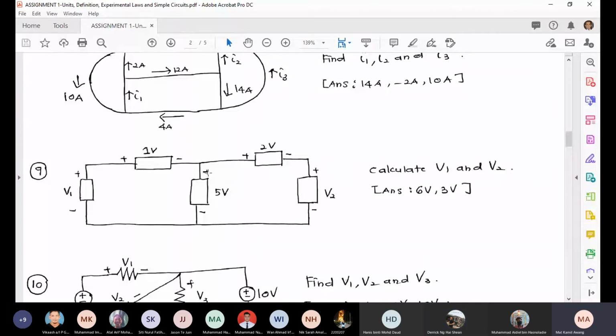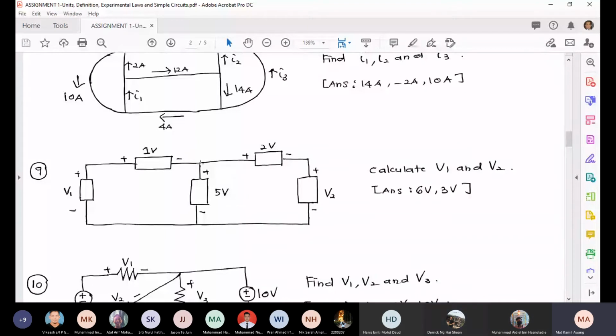This is plus sign on top. So basically, 5 volt is equal to V1 minus 1 volt. Okay, because of the sign here. So V1 minus 1 is equal to 5 volt. Therefore, V1 is 6 volt.